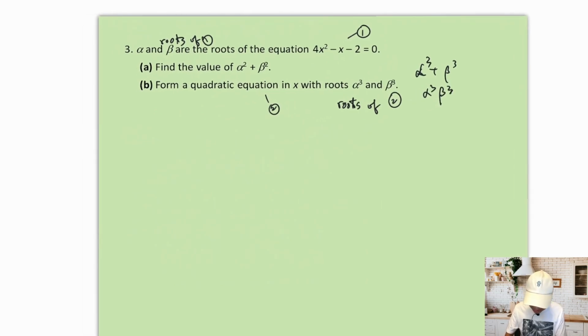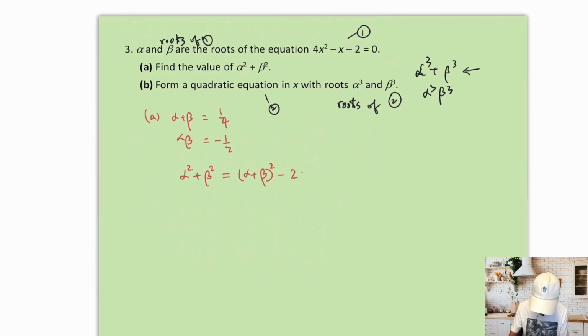This part may be complicated. Part A may help you to find the value of alpha cubed plus beta cubed. Anyway, we start from alpha plus beta and alpha beta. Alpha plus beta should be equal to 1 over 4, and alpha beta should be negative 1 over 2. In part A, we are required to find alpha squared plus beta squared, which is equal to alpha plus beta squared minus 2 alpha beta.